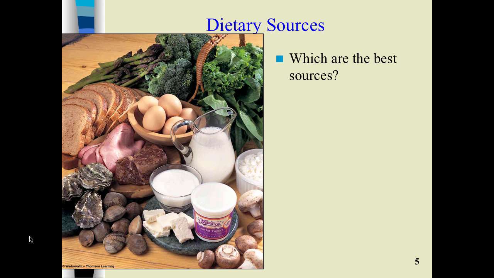In general, animal products have more FAD than riboflavin and FMN. So FAD tends to be higher in most foods than the other forms.